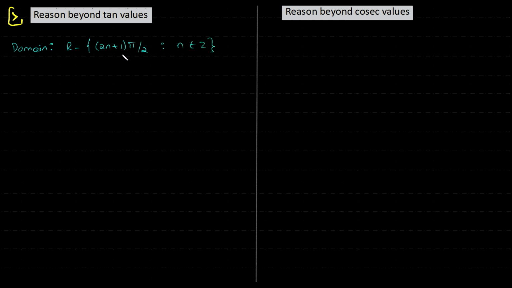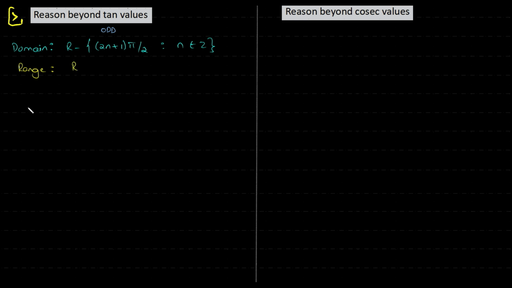What are the values of 2n+1? Yes, these are odd numbers. So these are odd multiples of pi by 2, while your range is all the real numbers.